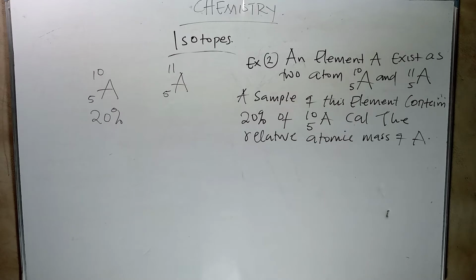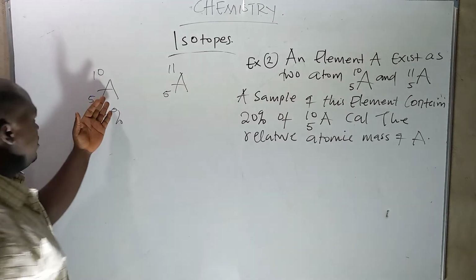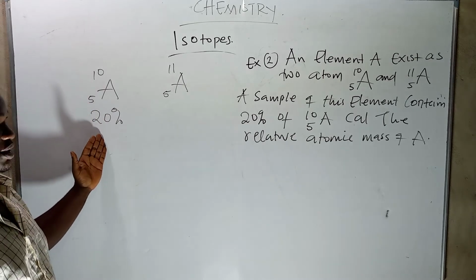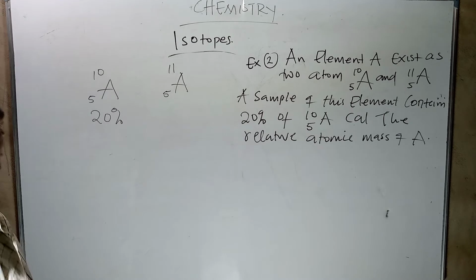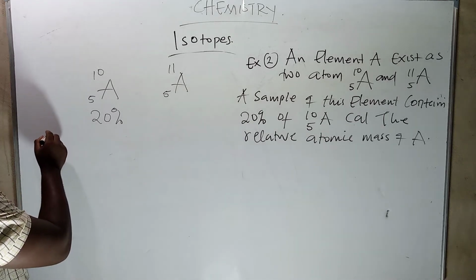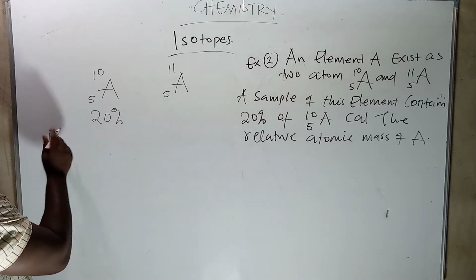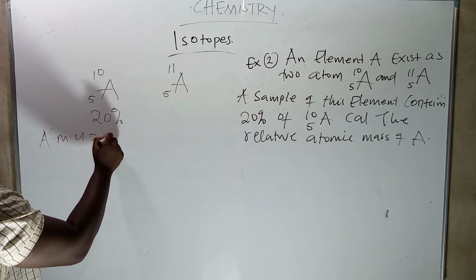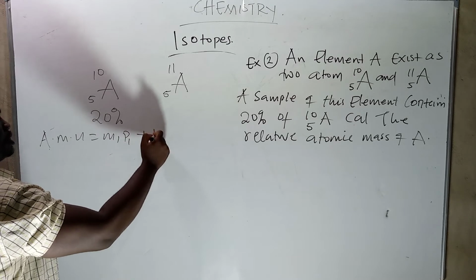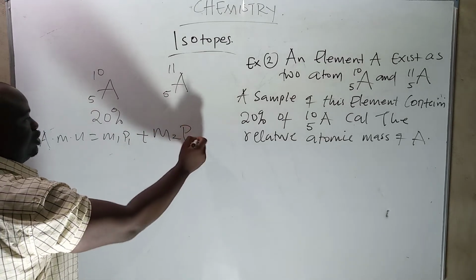So this atom has 20%, and they want us to calculate the relative atomic mass of A. We already said that the relative atomic mass, or atomic mass unit, is equal to M1 P1 plus M2 P2.